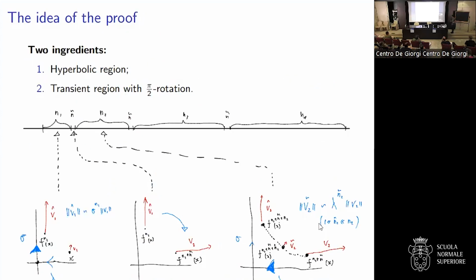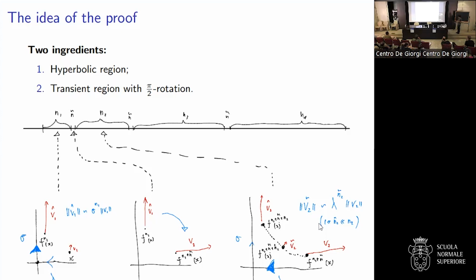And I believe the idea of the proof itself is very simple. I need only two ingredients. One is a hyperbolic region of the phase space, and the other is a transient region with a 90-degree angle rotation.